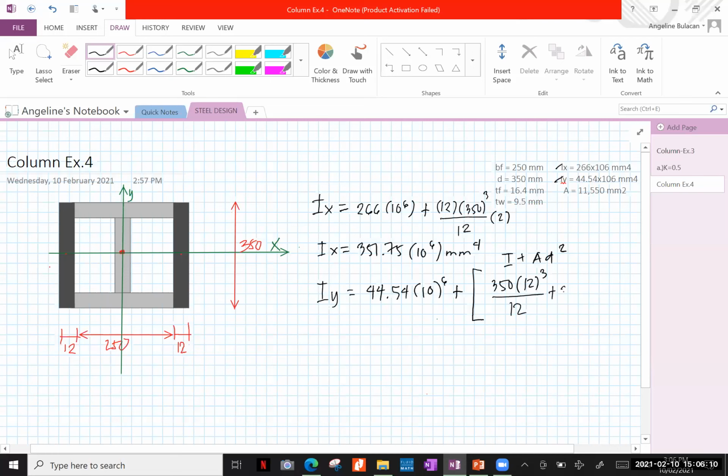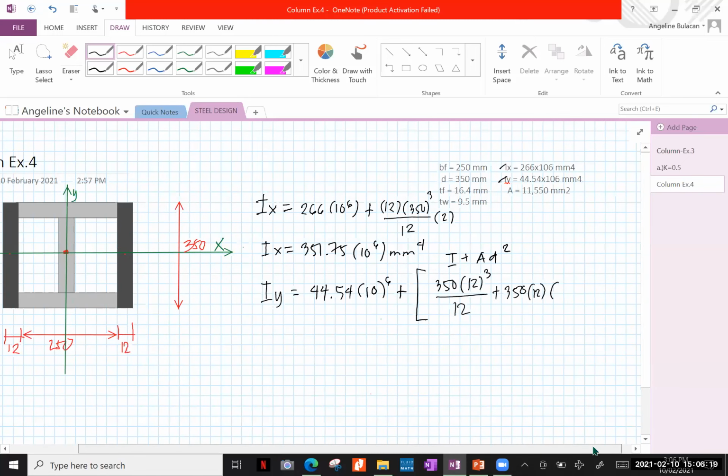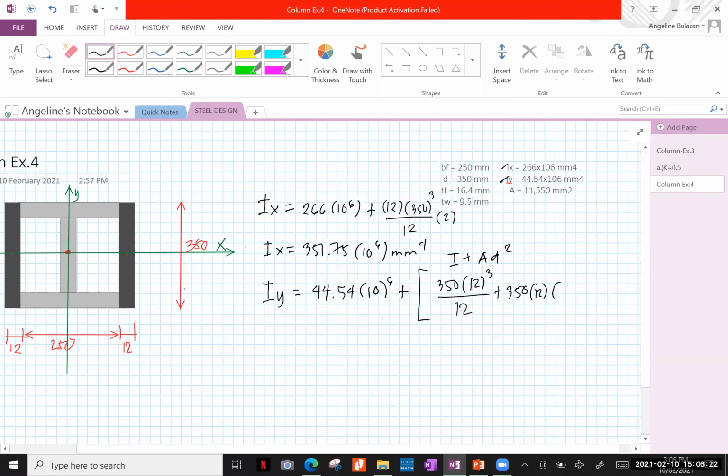Plus the area, 350 times 12, times the d. Again, ang d natin is the distance of the original centroid to the new centroid. So, kung 250 to, ito yung distance na tinutukoy natin. Itong portion na to, madali lang naman na-compute.